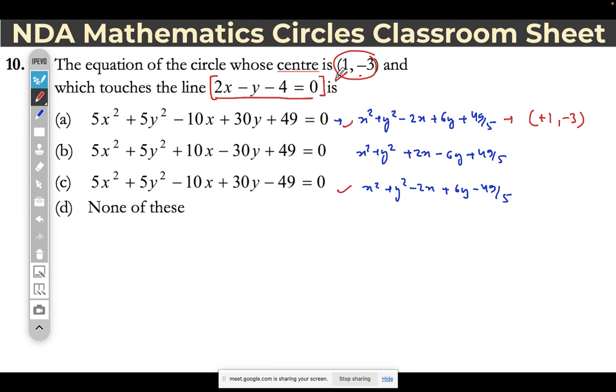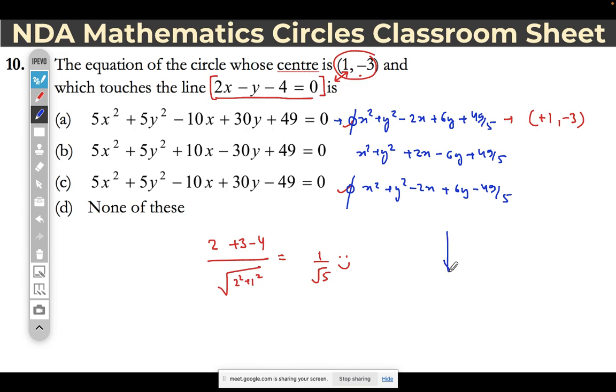So what is the distance between center and this line? 2 plus 3 minus 4 divided by square root of 2 square plus 1 square. It is 1 by root 5. Yes or no? You have two circles, circle 1 and circle 2. Which one is giving you radius 1 by root 5?